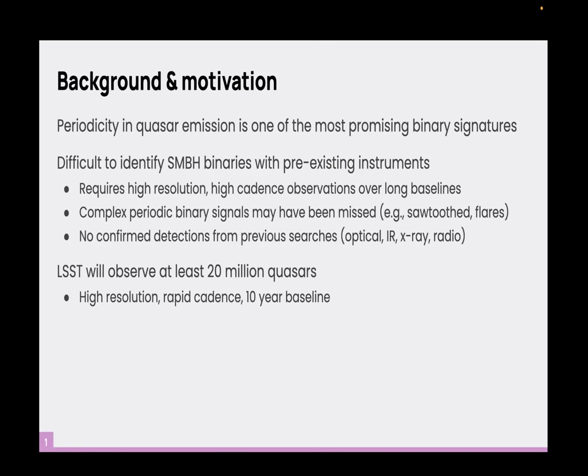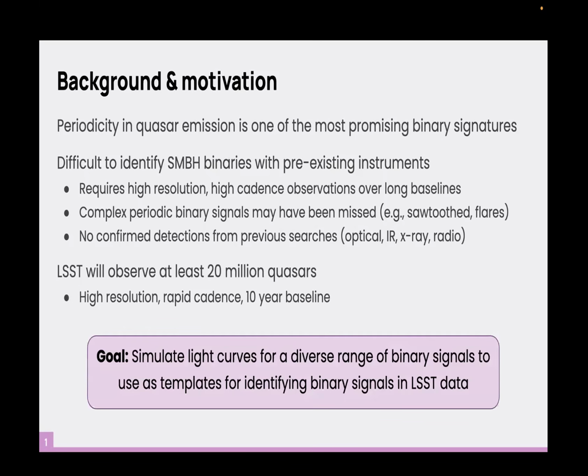And as a result, we have no confirmed binary detections yet, but with LSST observing over 20 million quasars with this high resolution, rapid cadence, and very long baseline, we have a much higher chance of actually being able to detect these signals and have enough confidence to start getting a bigger, more confident candidate list. So our goal with these simulations is to provide a very large data set with a bunch of different binary signals in order to use these as templates to start looking for binary signals in LSST data.